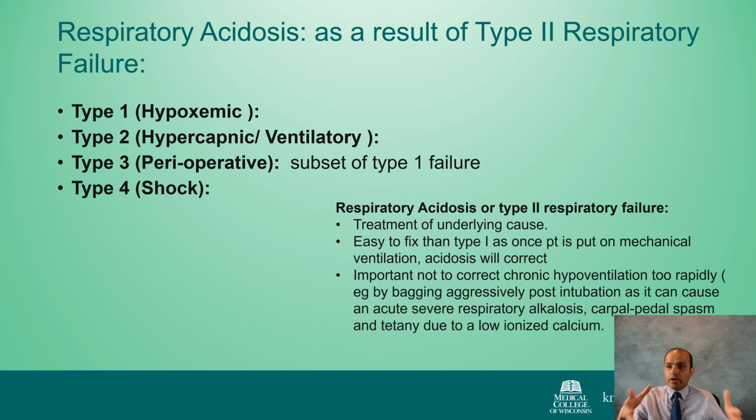So you need to look into those causes and actually correct them before your patient gets better. On the other hand, the problem with type 2 is ventilatory deficit, which is immediately corrected as soon as you put them on ventilation.